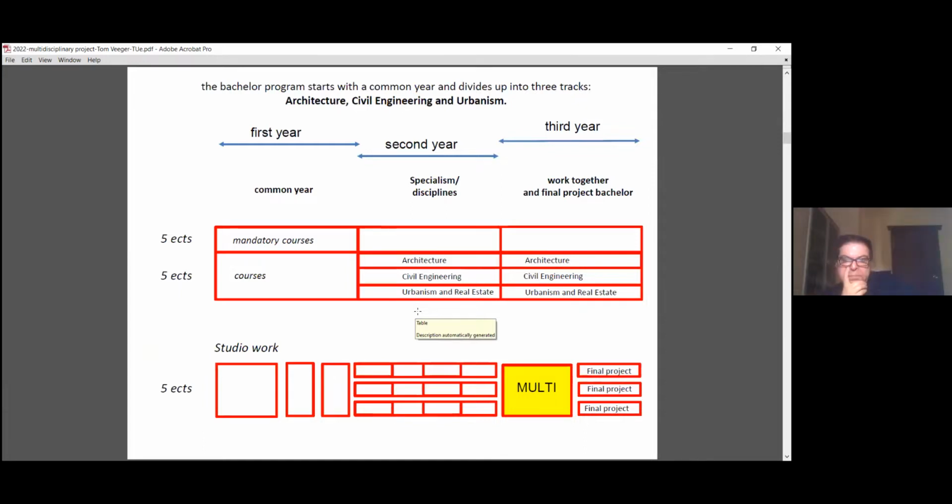5 ECTS is mandatory. Also, a couple of courses are shared with the whole university, about philosophy, calculus, innovation, and research methods. We've got 5 ECTS of courses that are common in the first year, specialized in the second year, and also specialized in the third year.